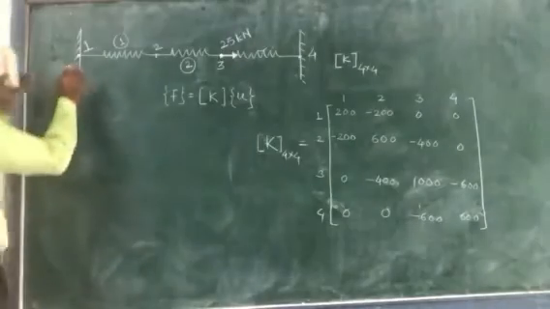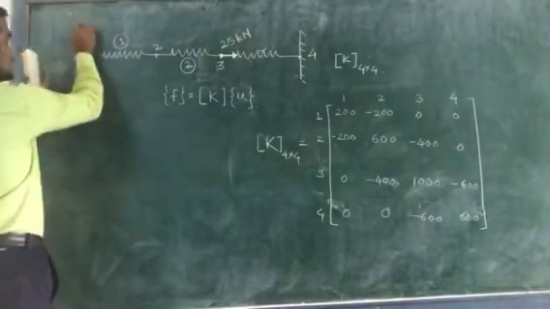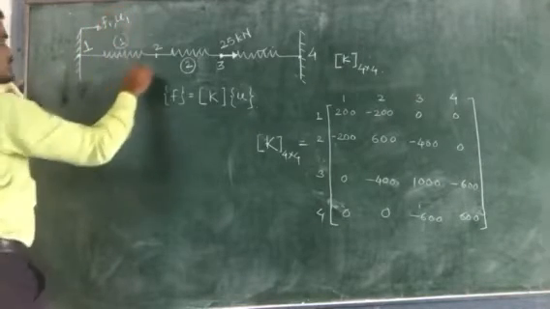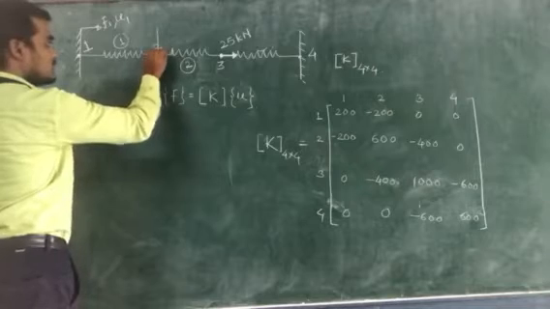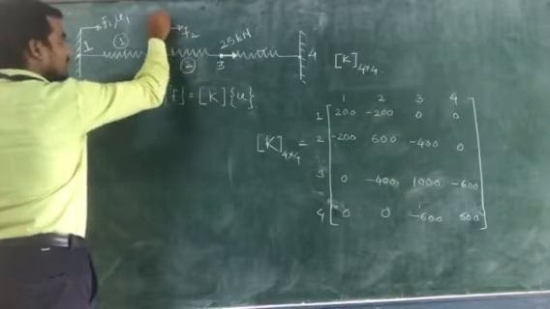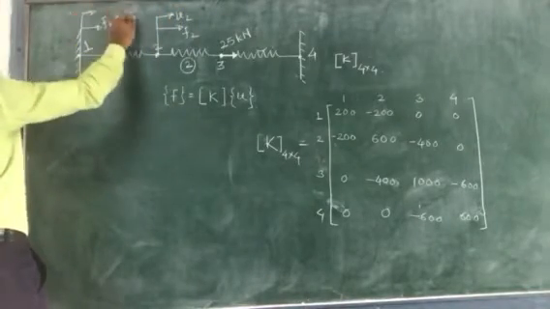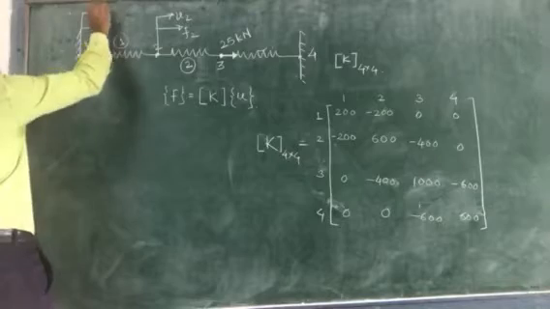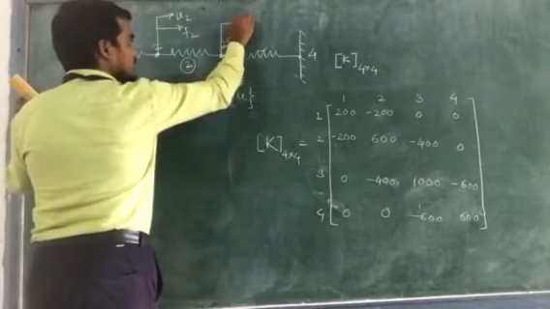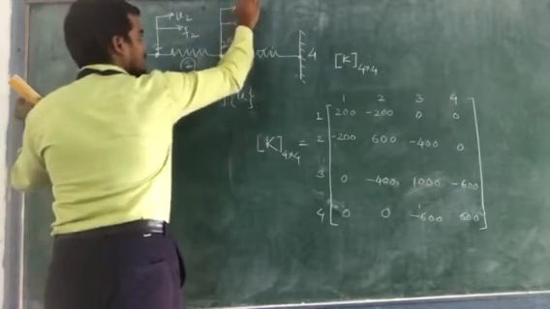Now, for the first node, there are some nodal values like F1 and U1. For the second node, there must be some nodal values F2 and U2. Then for the third node, F3 and U3.